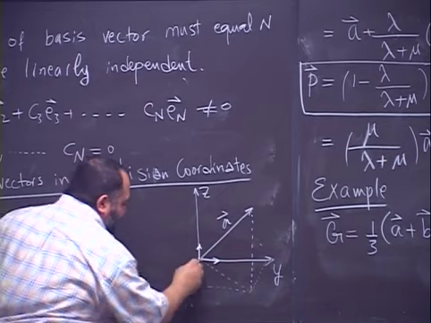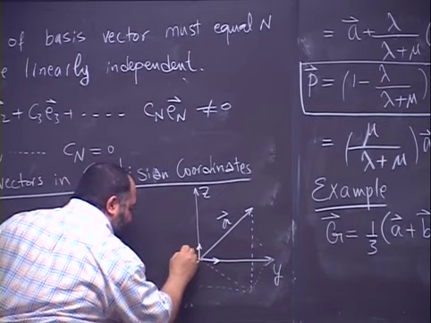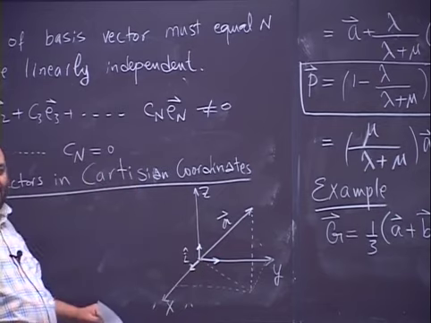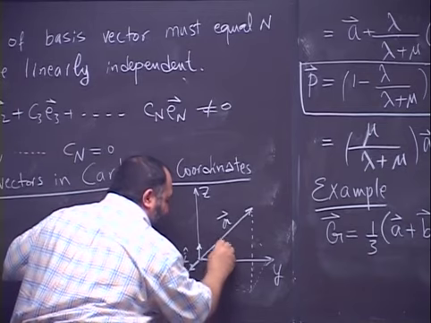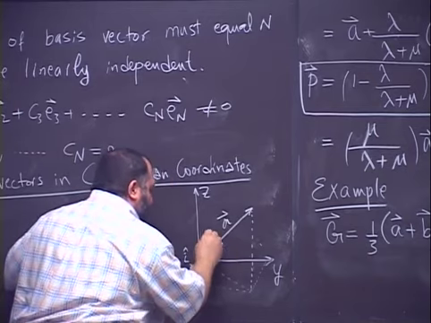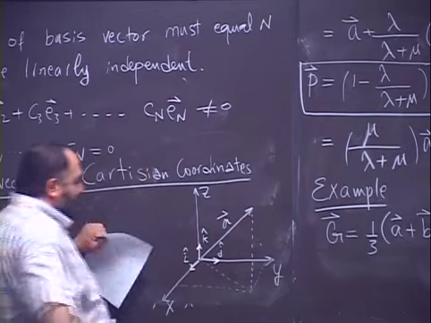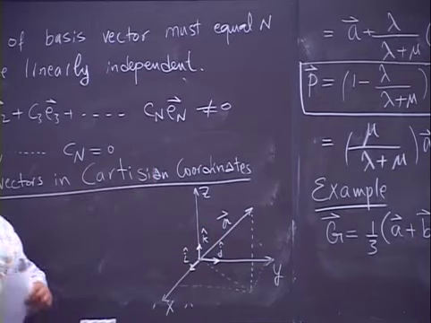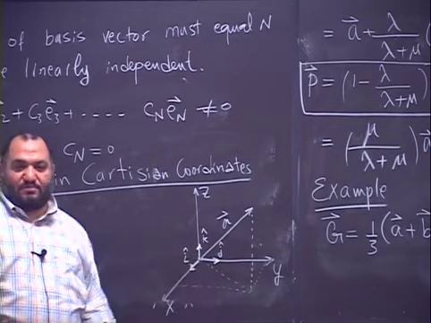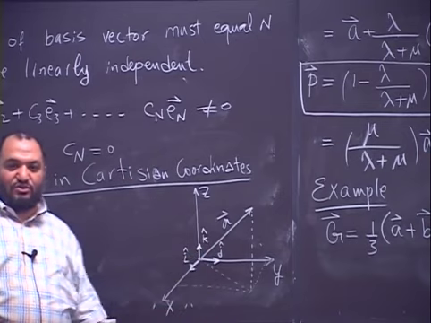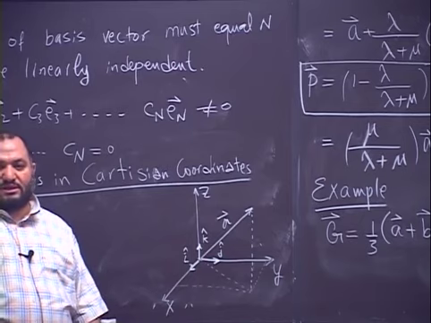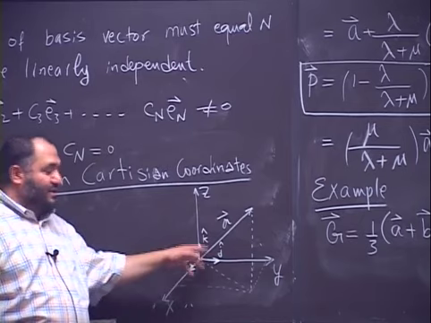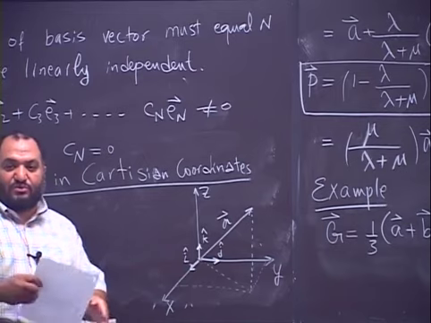The one in x, usually we denote it as I hat. So this is I, and this is J, and this is K. Usually those are the basis vectors in the Cartesian coordinates, and they are equal to unity.